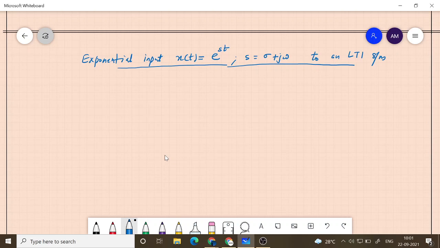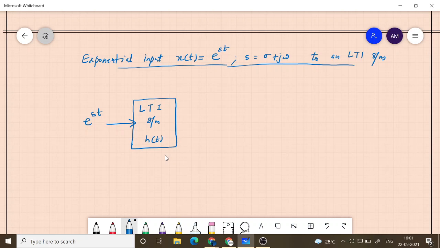So again, let me draw a block to represent the LTI system. You can represent an LTI system in so many different ways. The way I will represent it is by using its impulse response. We are giving a special input which is e raised to st. So A is 1; the constant which was there earlier is 1.